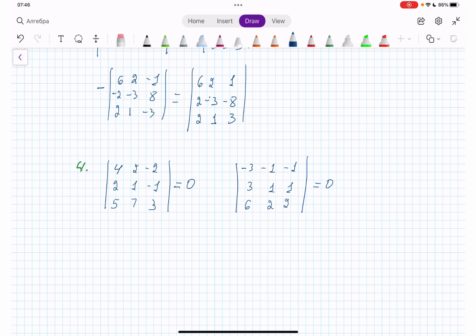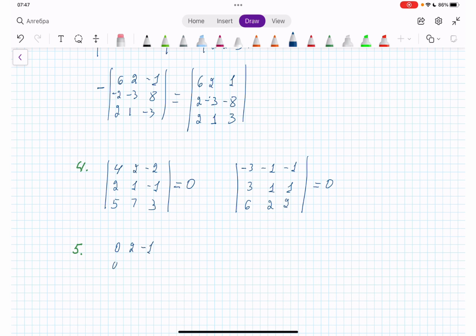Okay, next one. Property number 5. A determinant with a 0 row or column is equal to 0 also. We have 0, 2, negative 1.